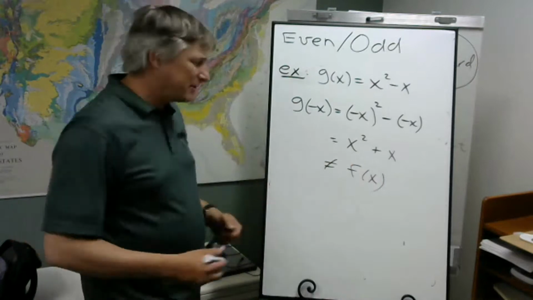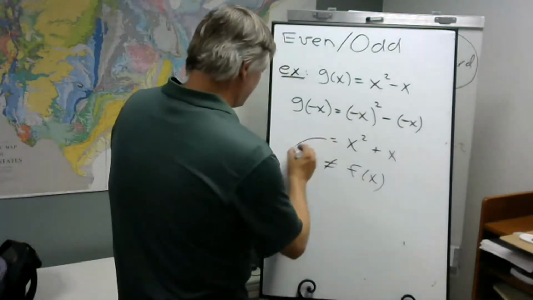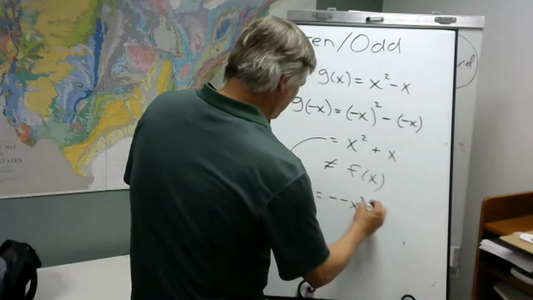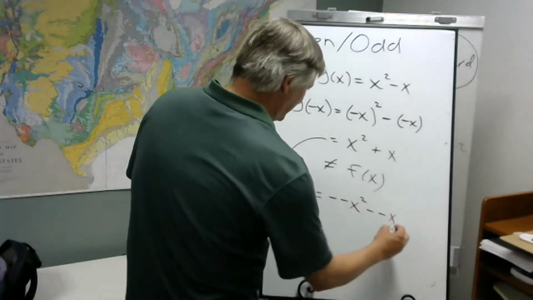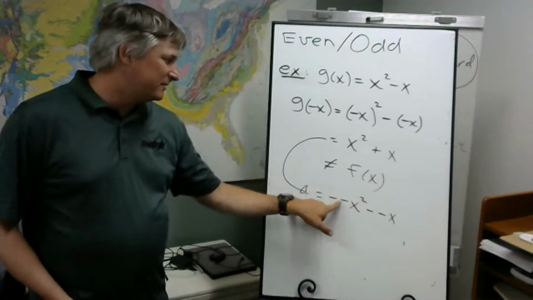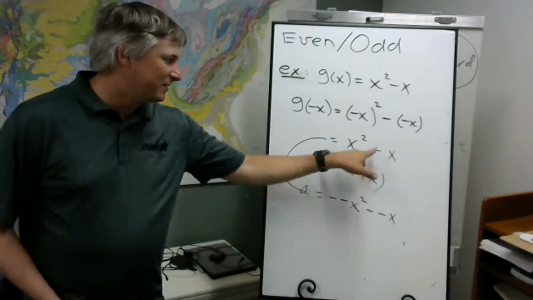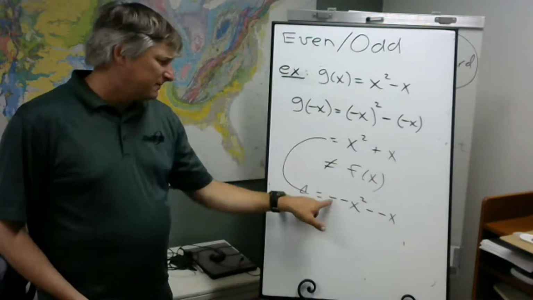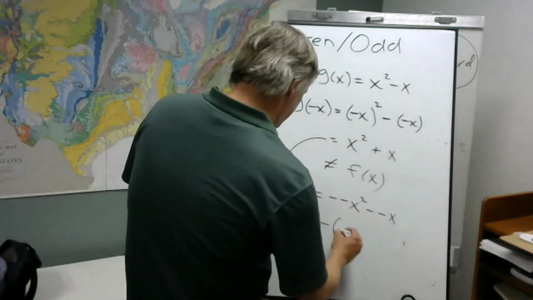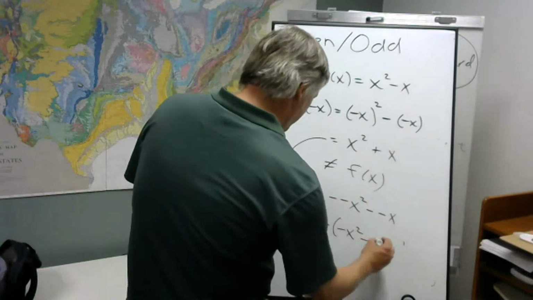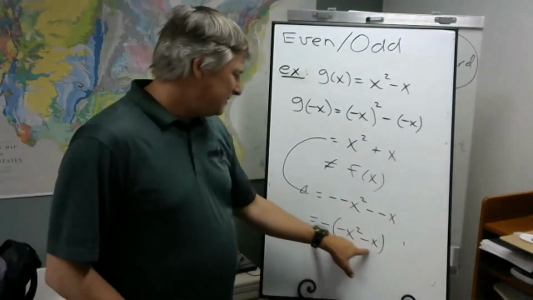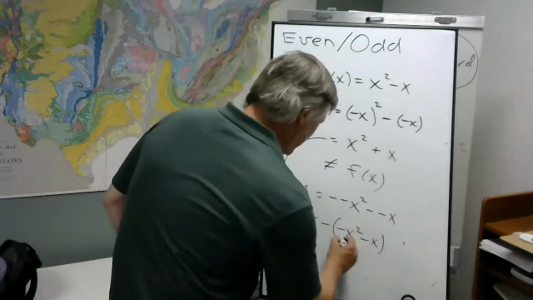We can try to factor out a negative. We could say this is a double negative, and this is a double negative. So we can factor out these negative signs, because negative and negative is positive. Let's factor out this negative. We get negative x squared minus x. And this is not equal to f of x.